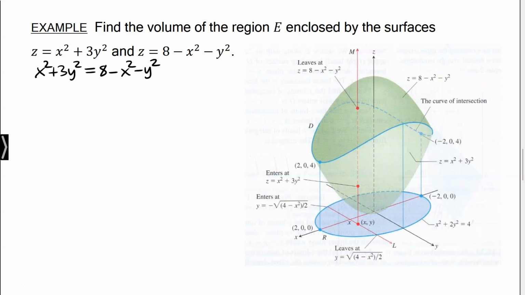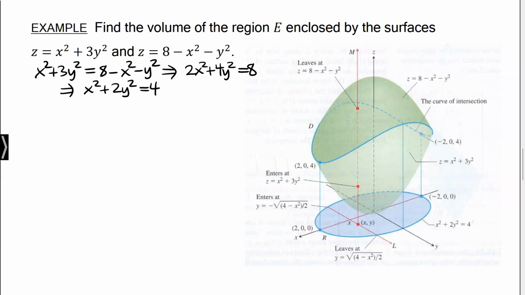If I add x squared and y squared to both sides, then I get that the curve of intersection is 2x squared plus 4y squared equals 8. After I divide by 2, I get x squared plus 2y squared equals 4. So that is the curve in the xy plane. That's the projection of the curve of intersection onto the xy plane.